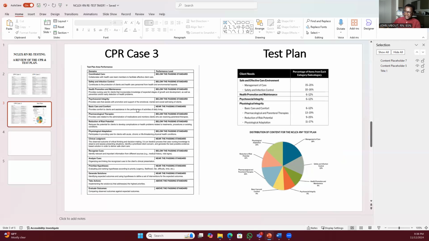How many percentage score does this one have? It has 6 to 12%. Clinical judgment, near passing standard. So there are important areas here. If you have below passing standard at coordinated care and pharmacology, it's high chances that you will fail because these areas, they carry the highest percentage of the Nclex exam.